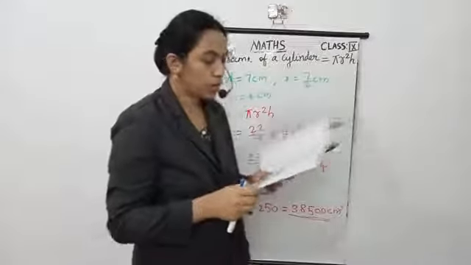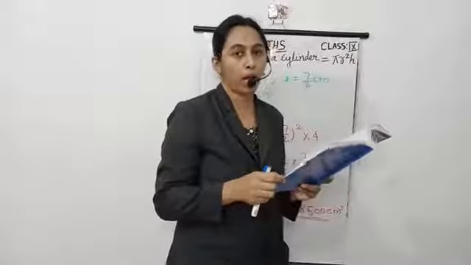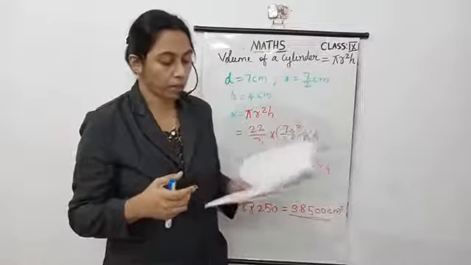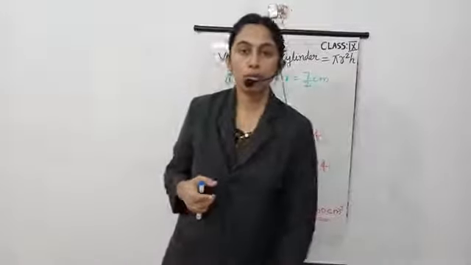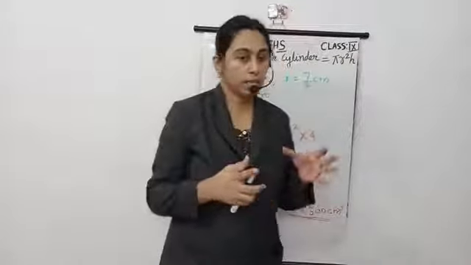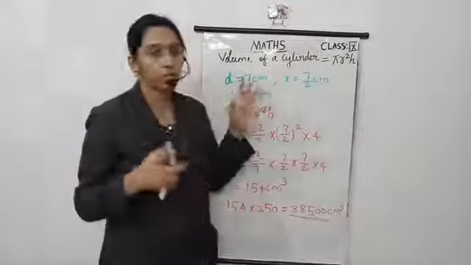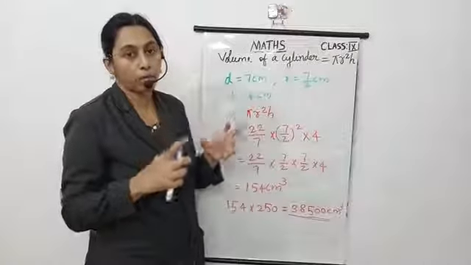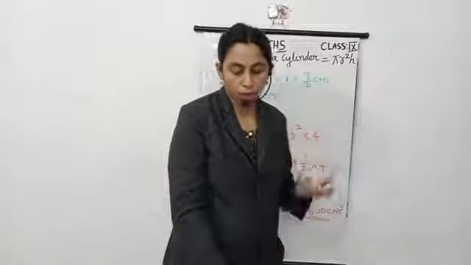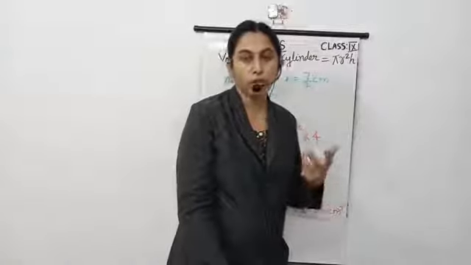How much soup the hospital has to prepare daily to serve 250 patients? We need to first find the volume of the soup that the cylinder contains till height 4 centimeter, then multiply with 250. We get the total volume, or how much soup for daily.